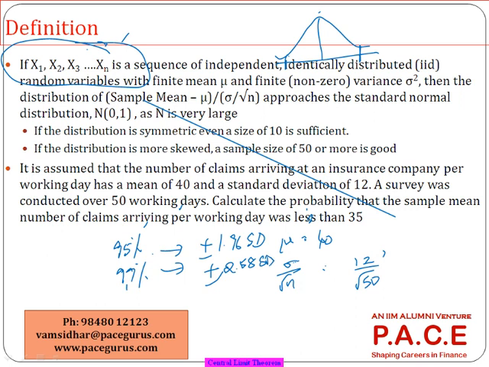But for us, from a calculation standpoint, I have to find out the probability that the average number of claims arriving in a working day is less than 35. For that, I can convert this into a standard normal distribution. For every value, I subtract the mean and divide by its standard deviation.